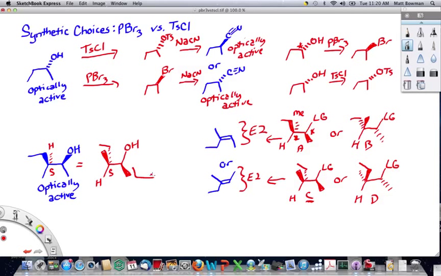So, in order to do an E2, we have to convert this into a good leaving group, for which we use Tosyl chloride. OTs. Hydrogen. And then, upon the application of a base, such as sodium methoxide, we get this diastereomer.